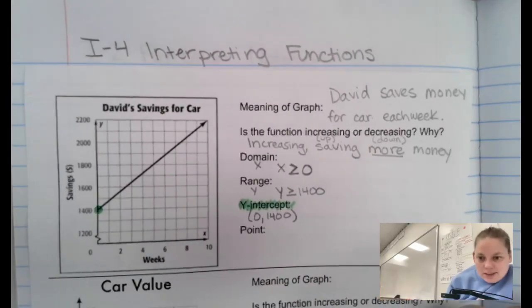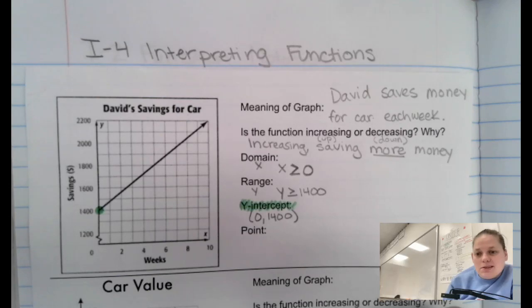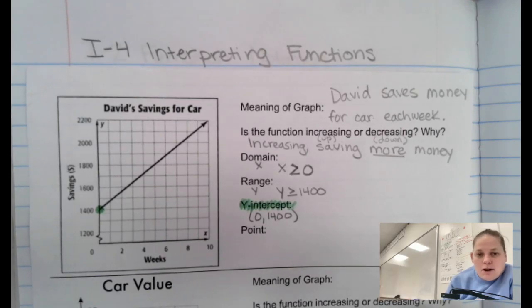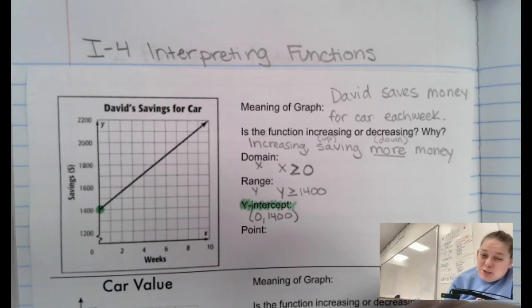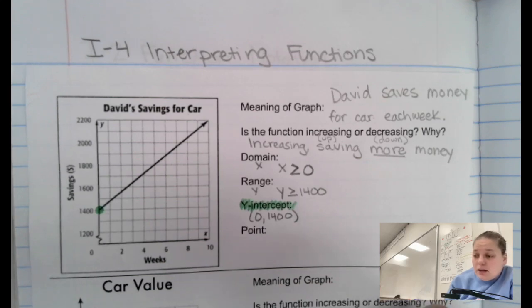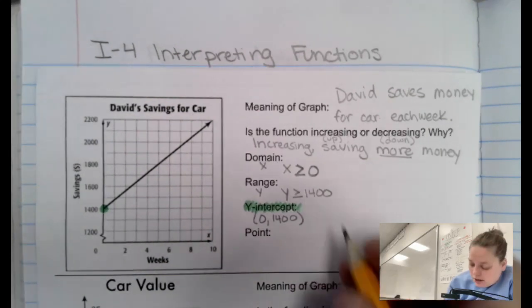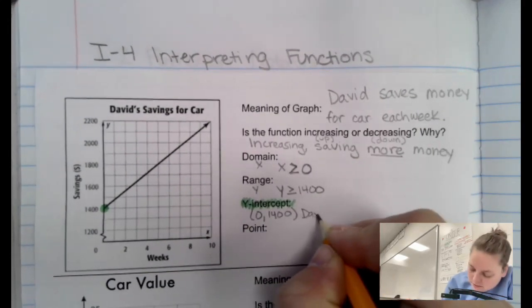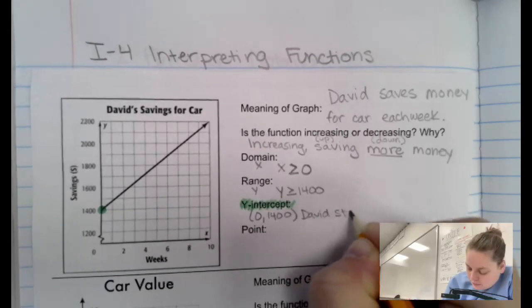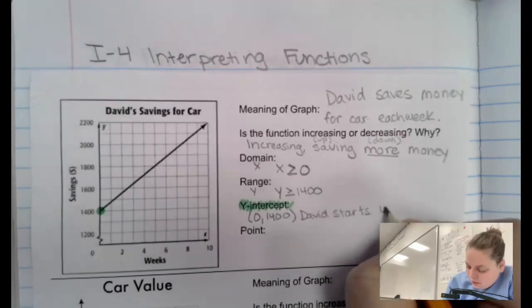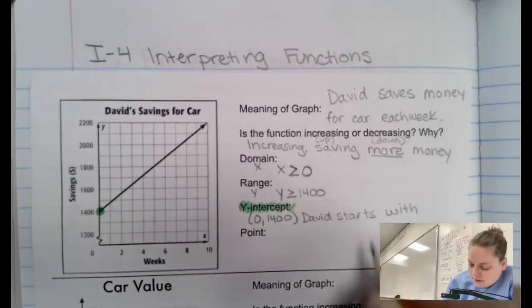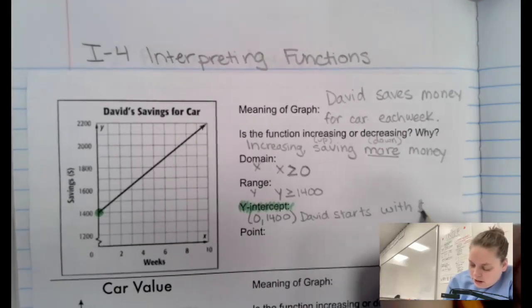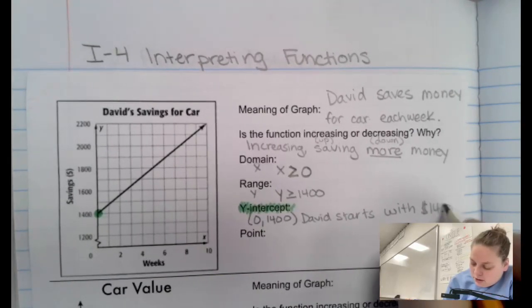What's the point of that in the real world? No one walks up to you and says, hey, what's your y-intercept on saving for your car? No, they say, how much money did you set aside when you started? Okay, so David starts with $1,400 saved.